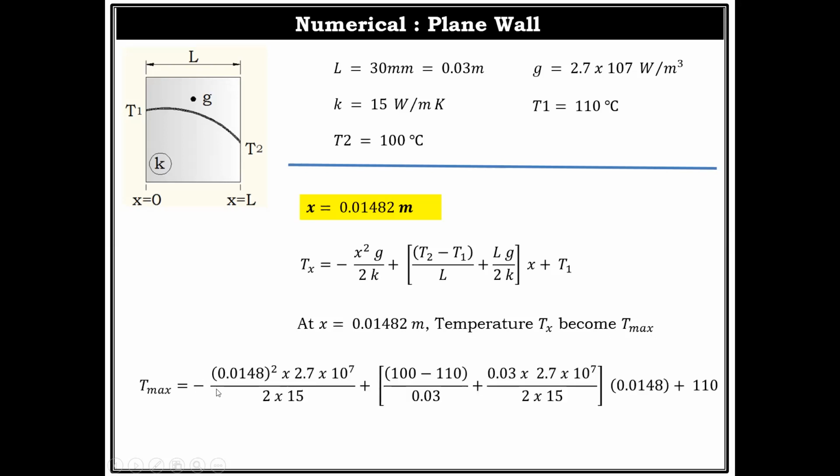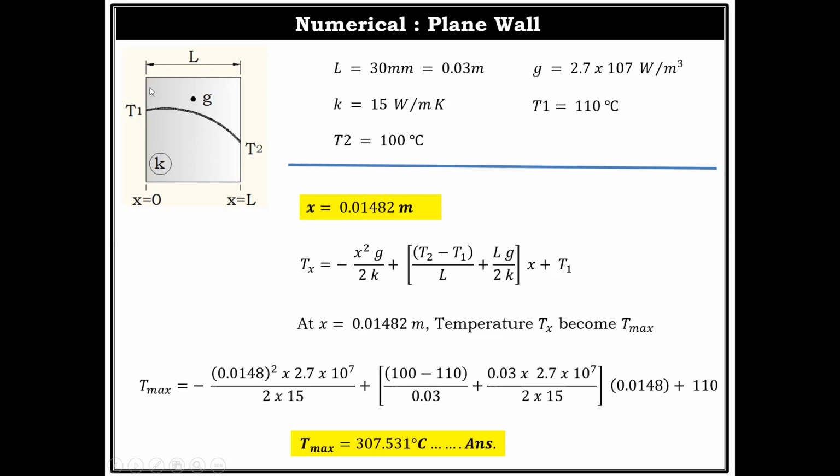So T max is equal to, put in all the values, and especially x must be this value where we get the maximum temperature. After calculating, we get T max equal to 307.531 degree centigrade. That is the answer. And how to tally this? We know that the heat generation source is within the solid, and from there heat is transferring to the surface.